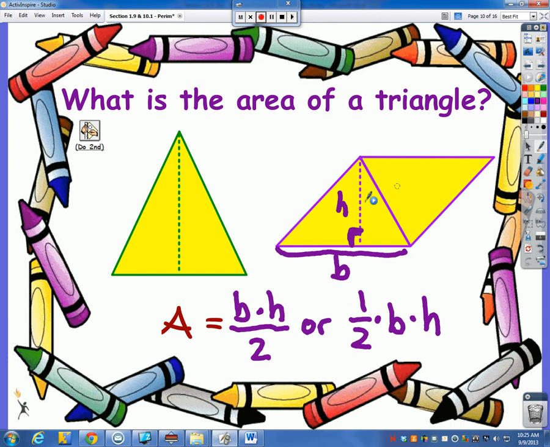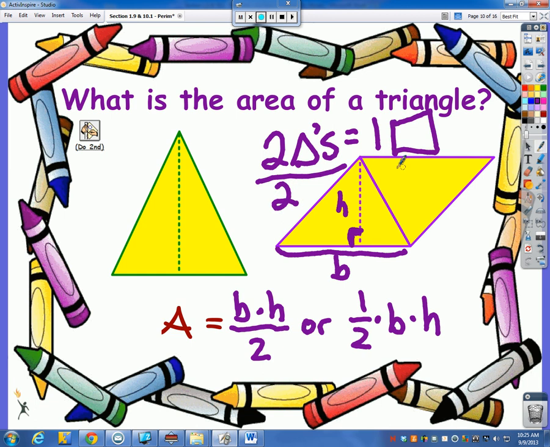So now I have two triangles, and two triangles make up one parallelogram. So if I want to solve for triangle, I could divide both sides by 2, and a triangle equals 1/2 of a parallelogram.